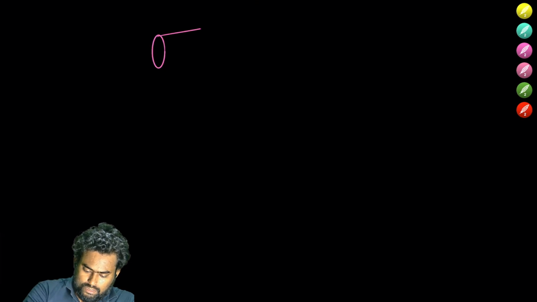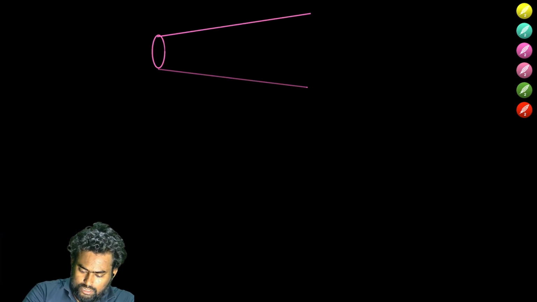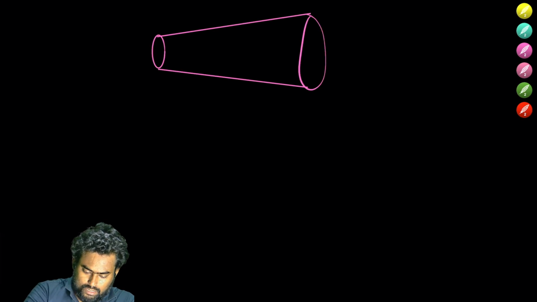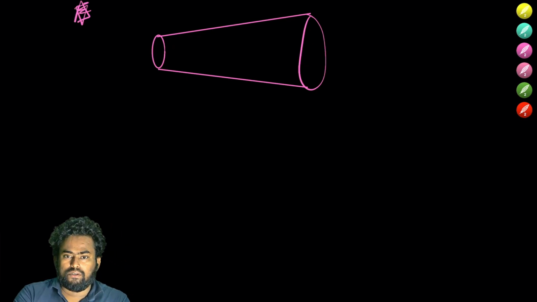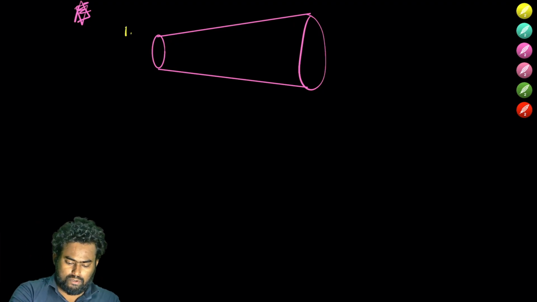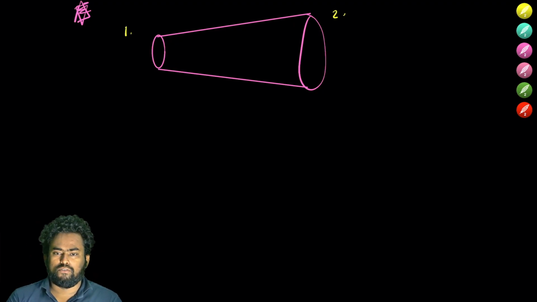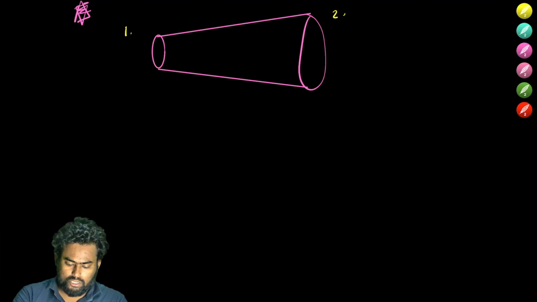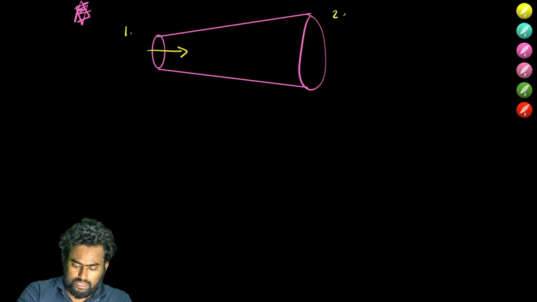Next concept. Suppose this is a conductor with varying radius. The diameter of the conductor is continuously increasing from point number 1 to point number 2. Which of the following parameters will be equal, and which will increase or decrease? First parameter, current.